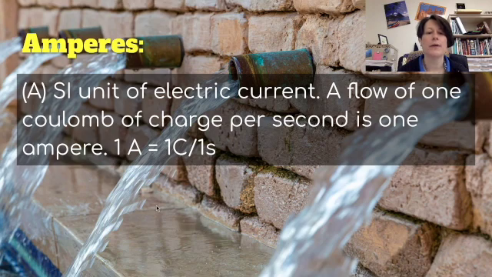So I wrote here too, 1 ampere is 1 coulomb per second. And when we're talking about current flowing, we're talking about if you sliced a wire in half and you looked at the circular cross section, 1 coulomb of charge passing that area in 1 second would be 1 ampere.